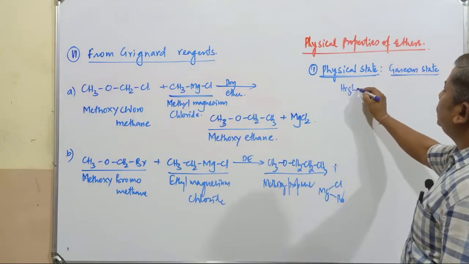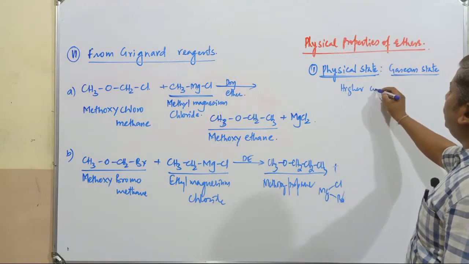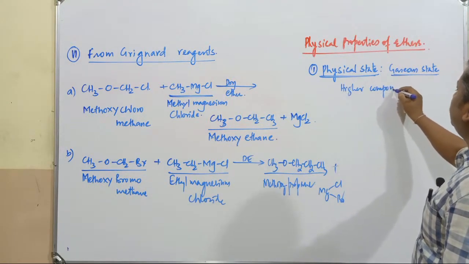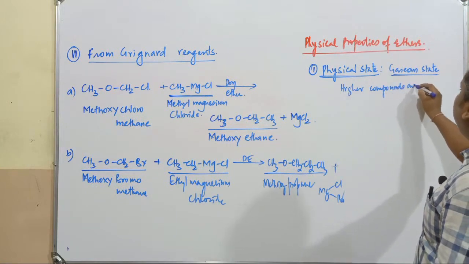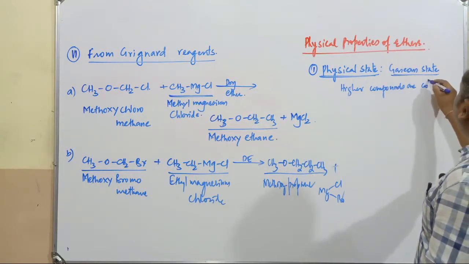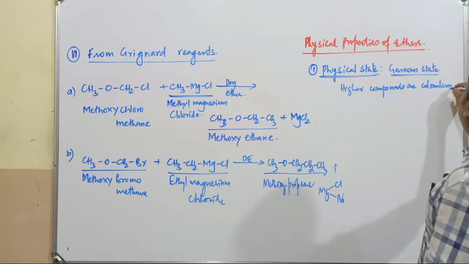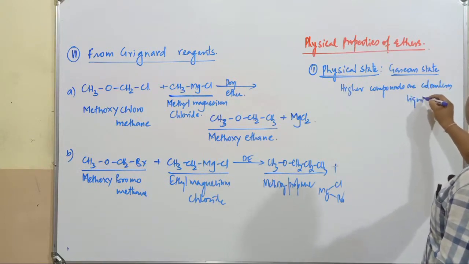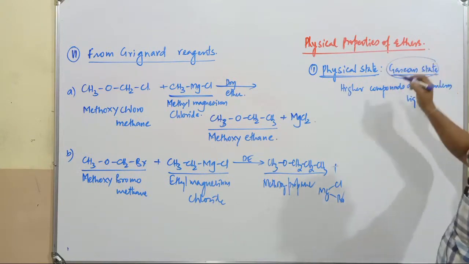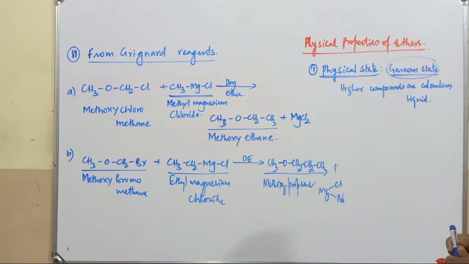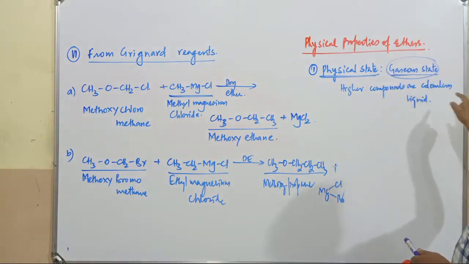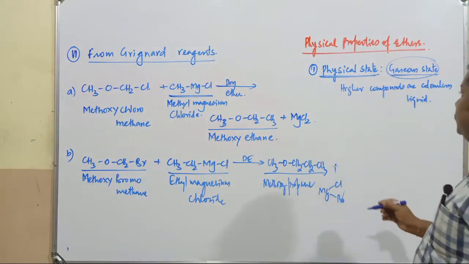Higher members are colorless liquids. Compounds with 3-4 carbon atoms are in gaseous state, and the remaining compounds are found to be in liquid state.